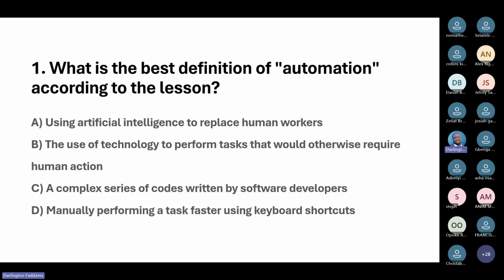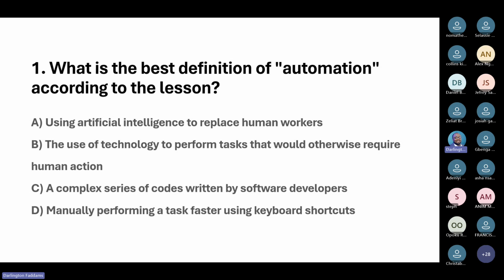It says, what is the best definition of automation according to yesterday's lesson? Look at the answers, and if it is A, you type A in the chat. If it is B, you type B in the chat. If it is C, you put C in the chat, and so on.